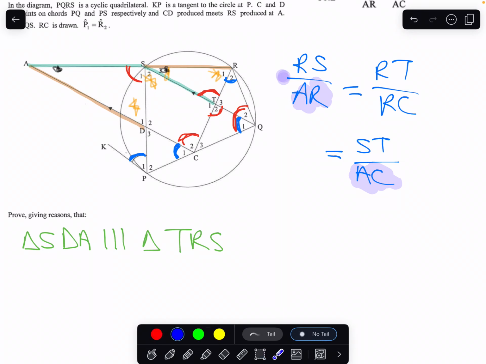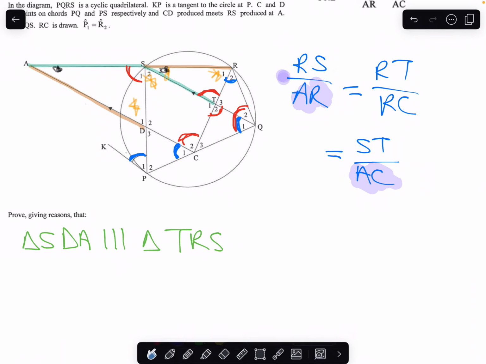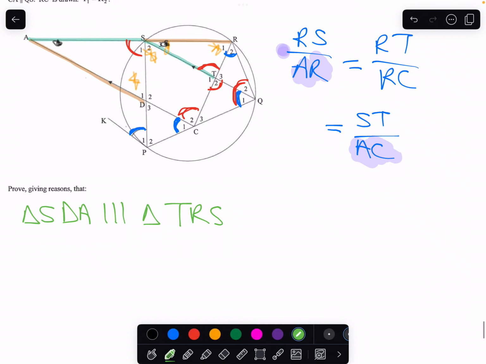S and T, S and T, D and R, D and R, A and S, A and S. Okay, so what that does for us is it gives us SD. Maybe let's just do things in alphabetical order so that it's easier to spot similarities. So DS over RT is equal to AD over RS is equal to AS over ST.